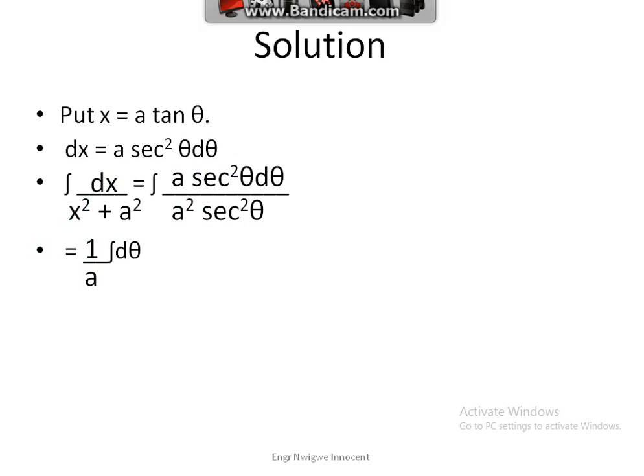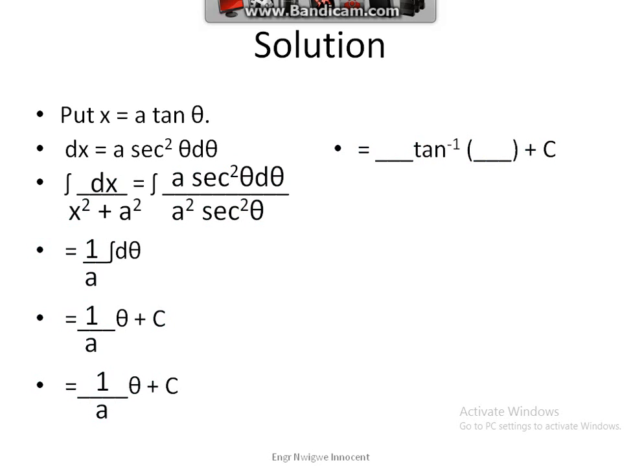Then we now have 1 over a, the integral of d theta, which is equal to 1 over a theta plus c. If you open the bracket, we now have 1 over a theta plus c. If you substitute theta, our result is 1 over a tan inverse of s over a plus c.